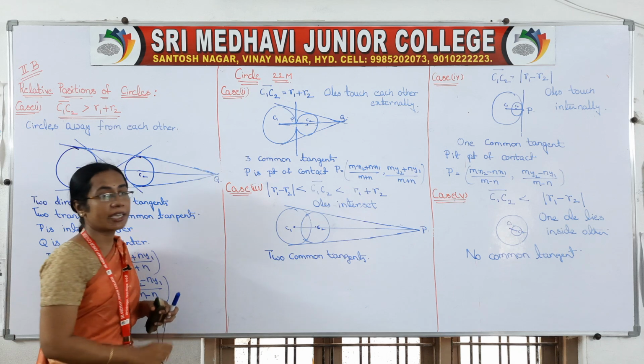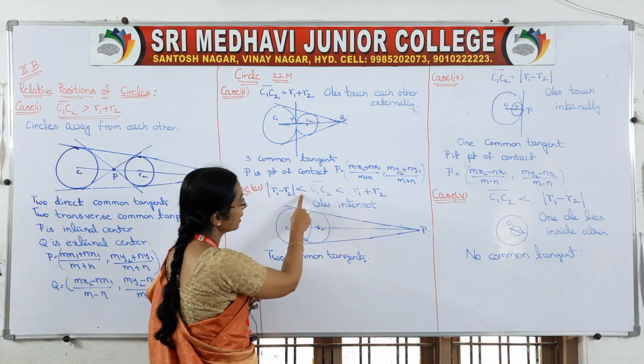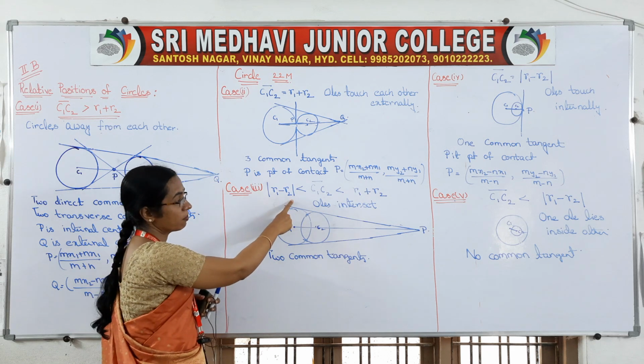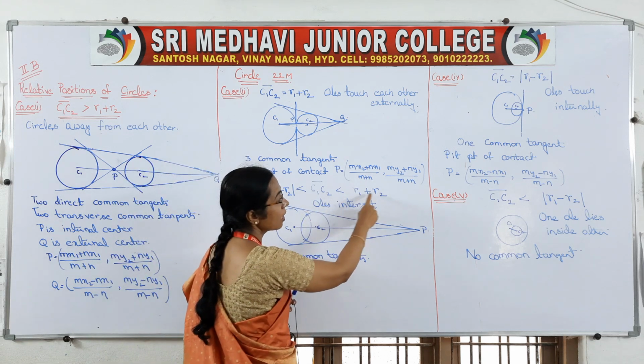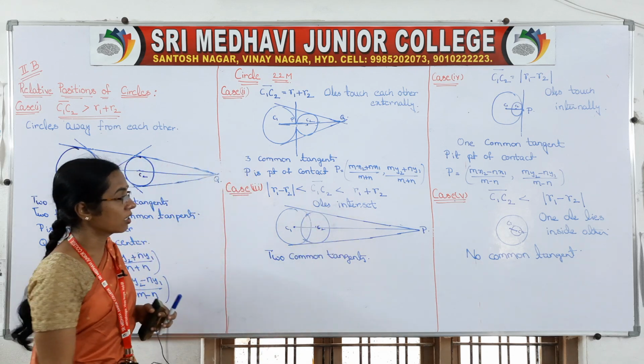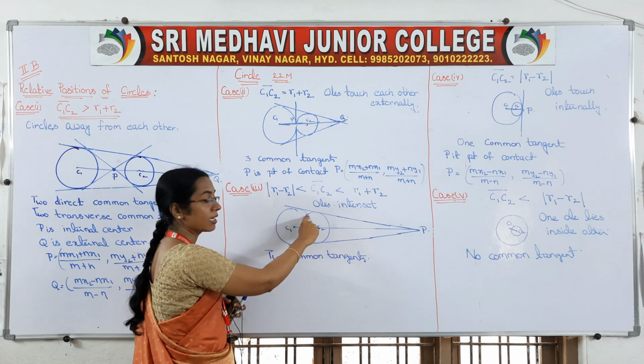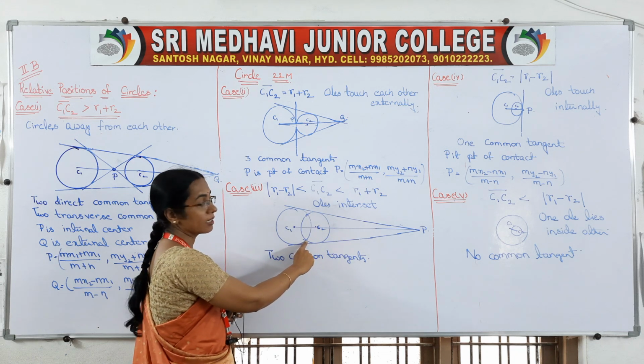Now come to case 3. If your C1C2 value is greater than the modulus of R1 minus R2 and less than R1 plus R2, the circles intersect. So see, these are the 2 circles. Here intersecting, here also intersecting.